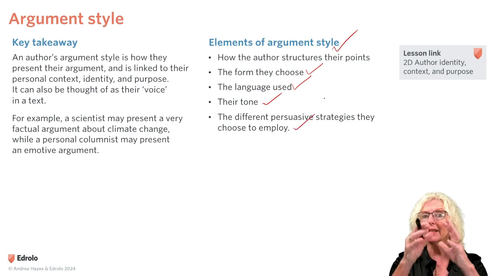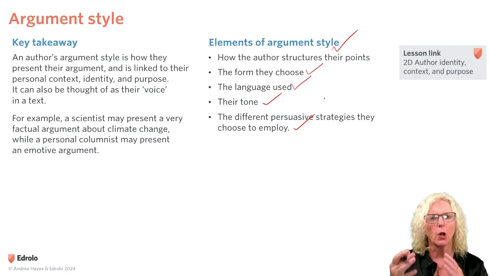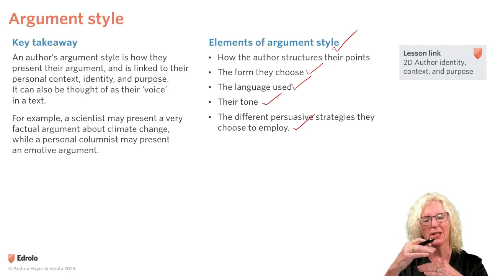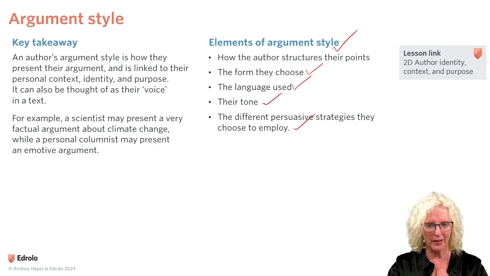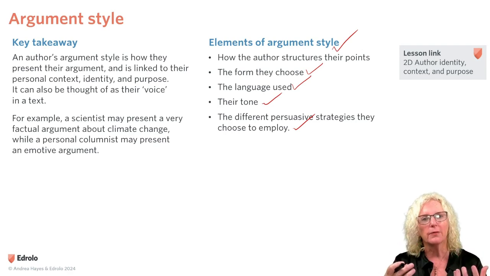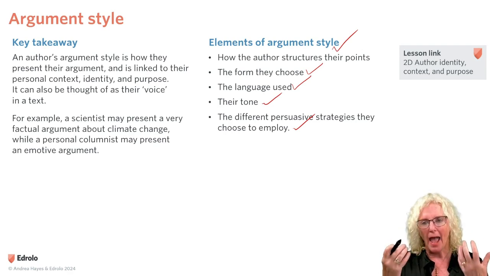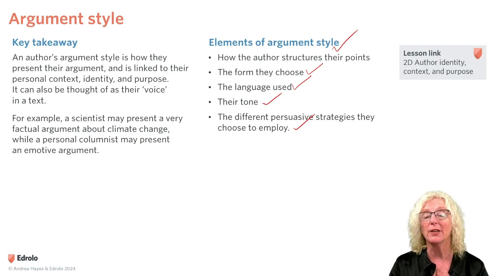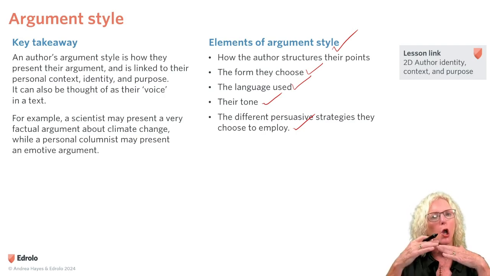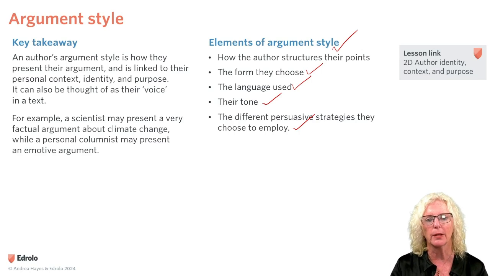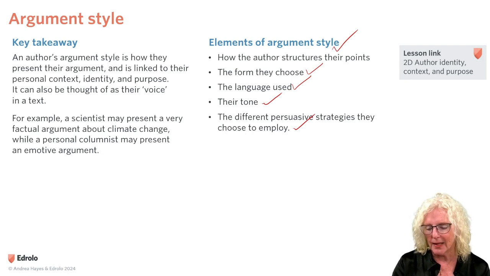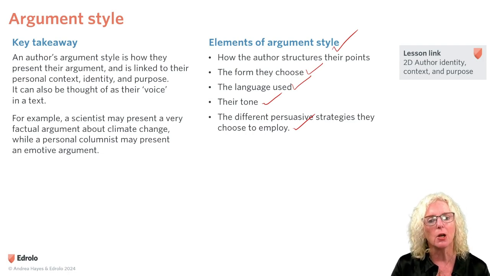Once again, under the heading of fact and logical language, statistics, other points of evidence. Under emotive, you've got appeals, anecdotes, maybe exaggeration. Then you've got figurative language, lots of different types of language. So what you can look at too in this section also is the lessons on author identity, context, and purpose.